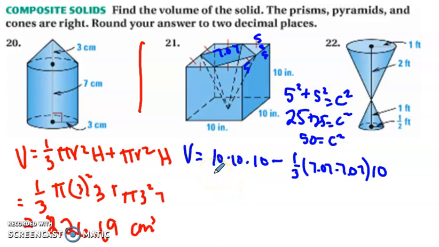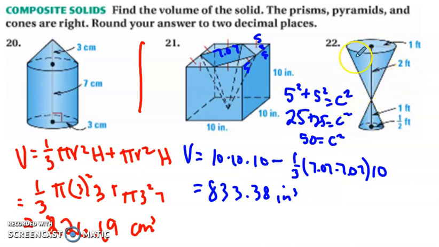We have 10 times 10 times 10, or 10 to the 3rd power, minus 1/3 times 7.07 times 7.07, and then times 10. And it looks like we're looking at about 833.38, and that would be cubic inches.